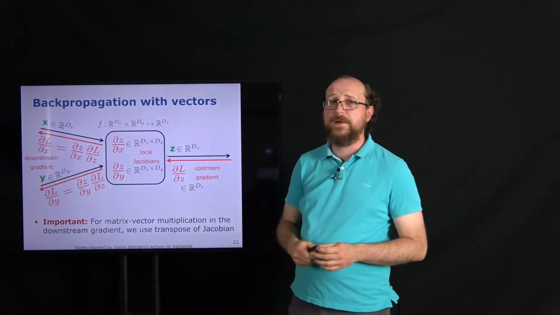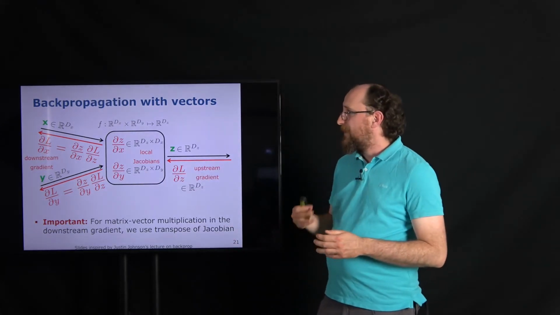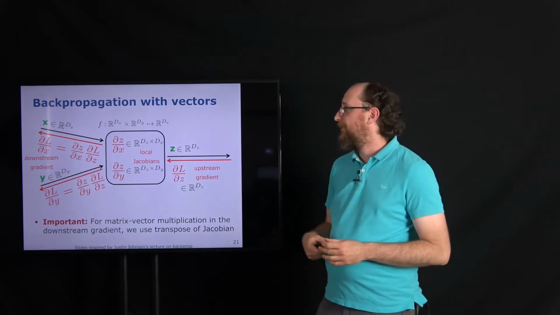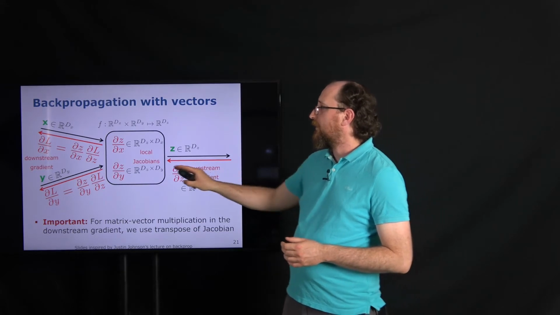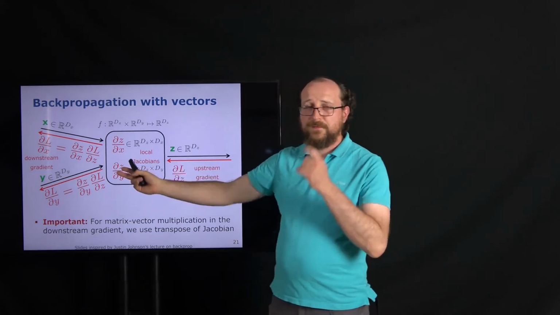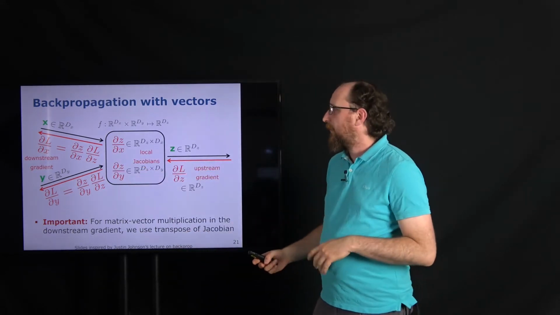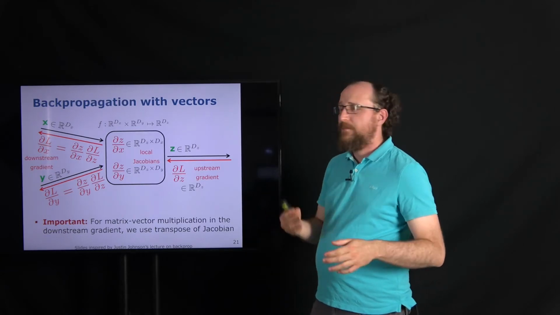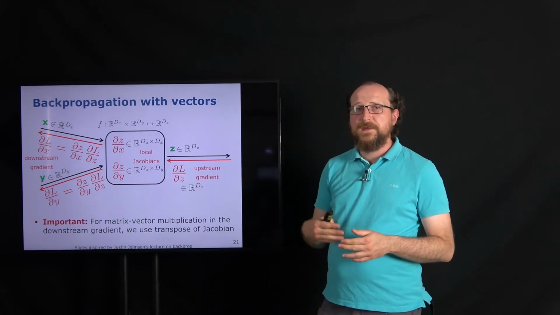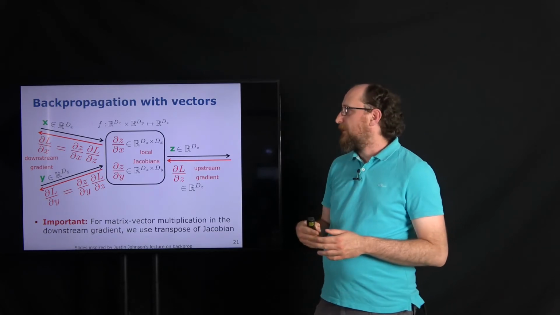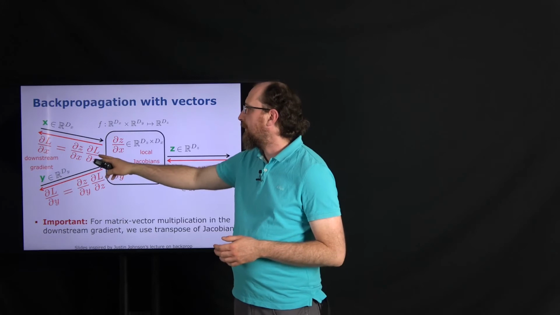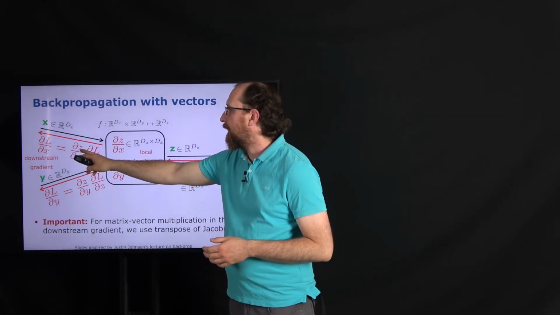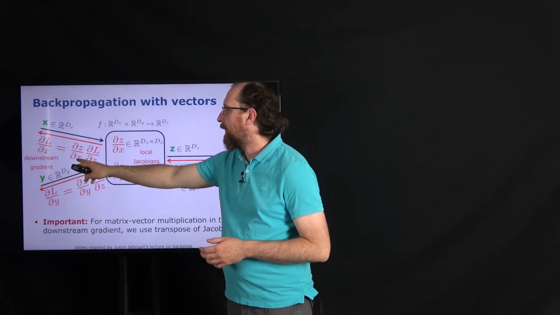To make sense of the chain rule, this is also something that you maybe noticed: we inverted the order of the operations. Usually we talked about having the function that we want to derive, and then dz times the partial derivative of z with respect to x.